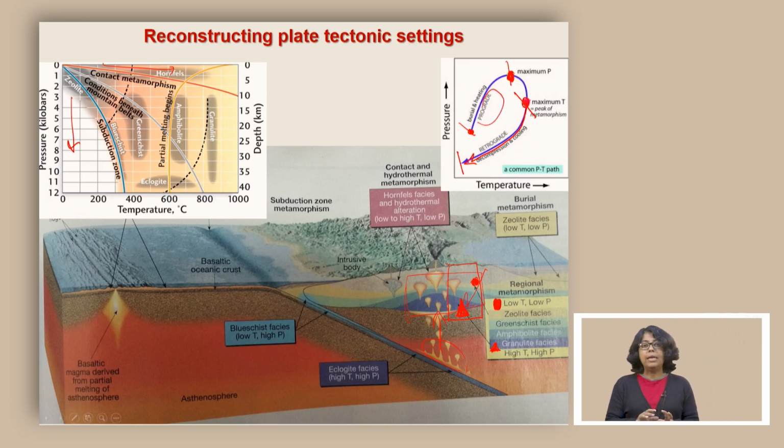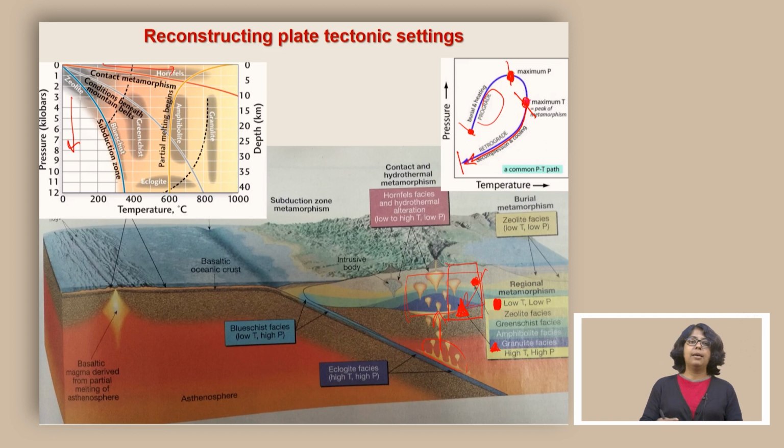So, in summary, you can look at a metamorphic rock and reconstruct not only where it formed, but the entire history of how it deformed and how it went through multiple stages of metamorphism.